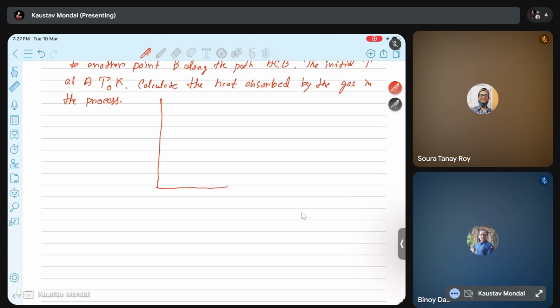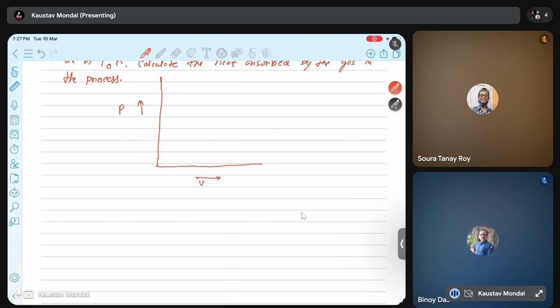So this is the P-axis. This is the V-axis. So initially the gas was at point A. So this is point A. Okay. So from here it takes this path. First it moves to point C, then it moves to point B. Okay. Initially the pressure and volume at this initial coordinate are P0 and V0.